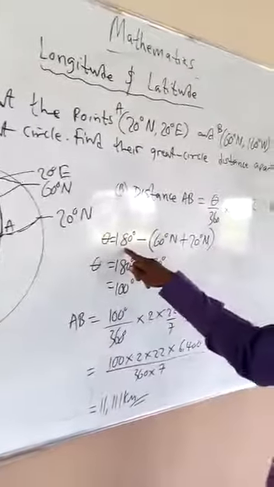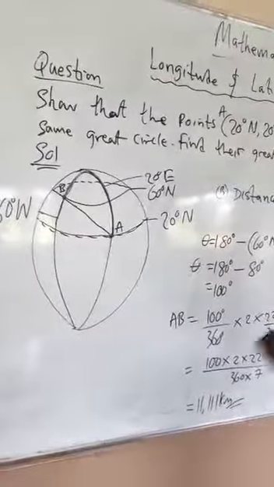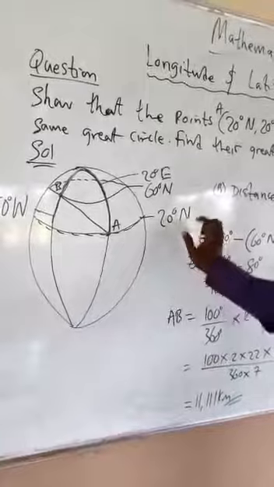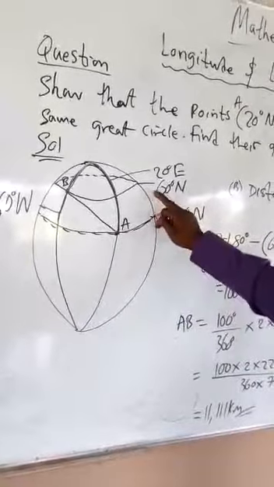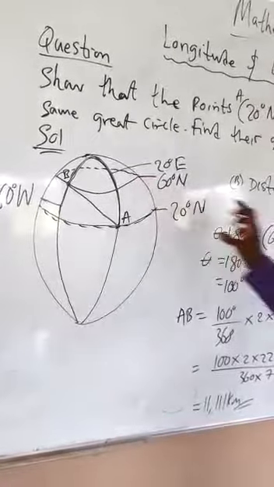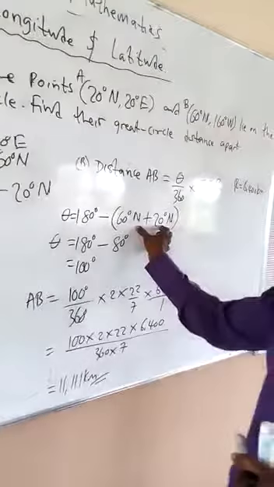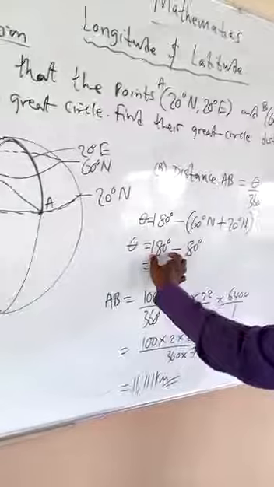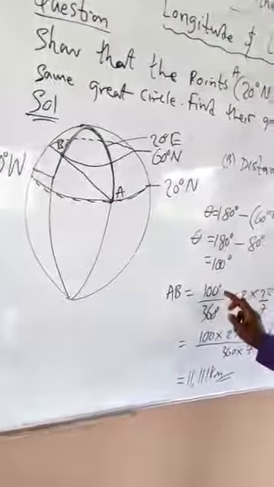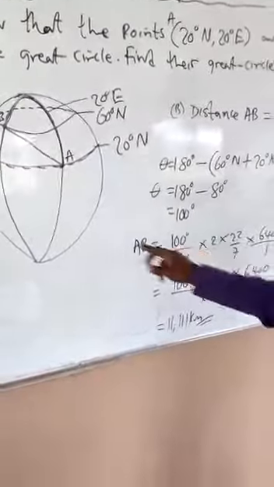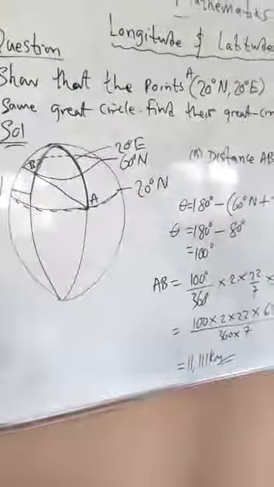So the angle that lies between them will now be the angle that we get when we had 20 degree north for the point A and 60 degree north for point B. When we add this together and we subtract from the sum of their longitudinal lines, so we have the theta that will be theta in between the two angles.